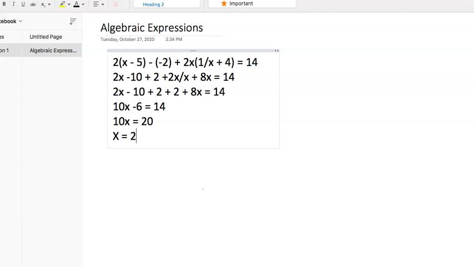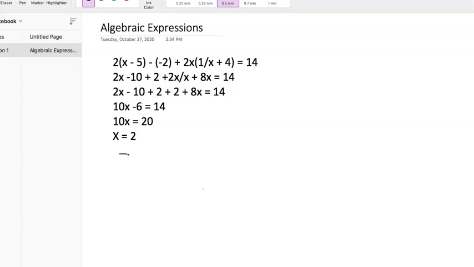Okay, so it's a bunch of tedious little math stuff. Probably the place where you really should be able to get confused here is at the top when I multiplied 2x times 1 over x. So let's go ahead and just make sure this makes sense.